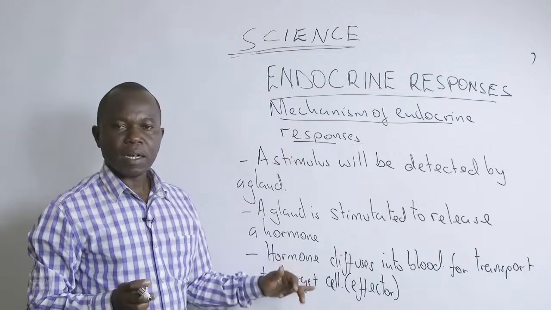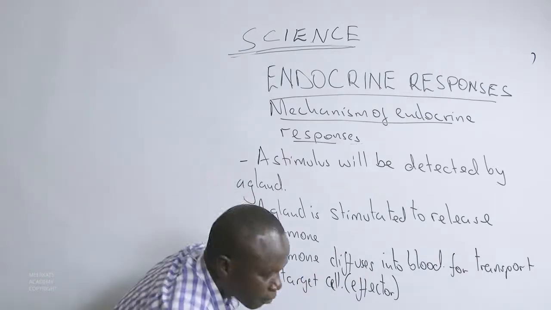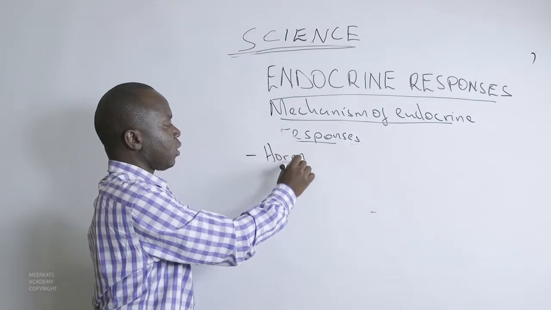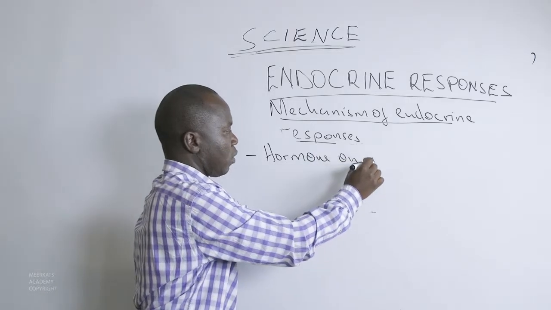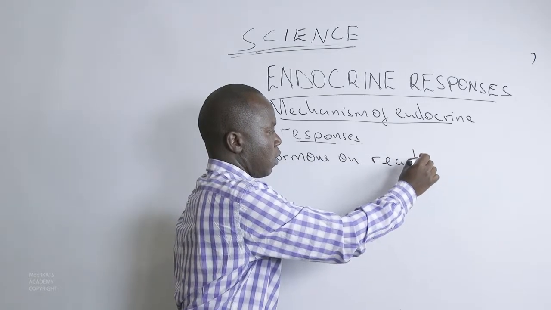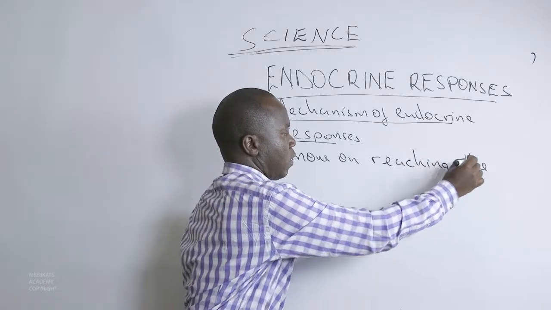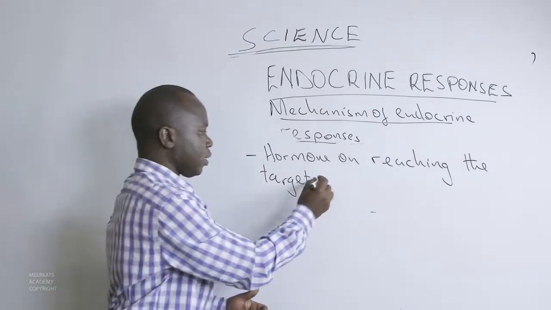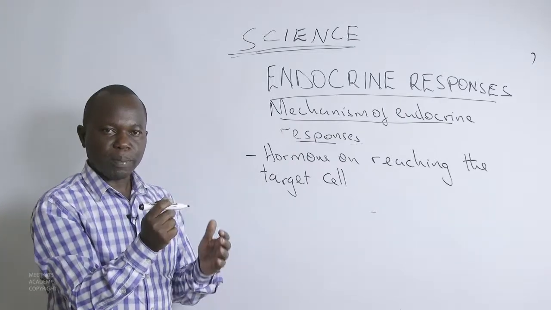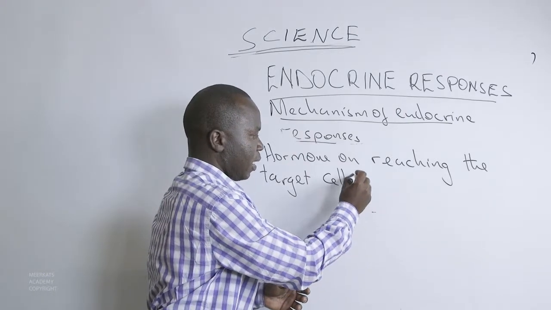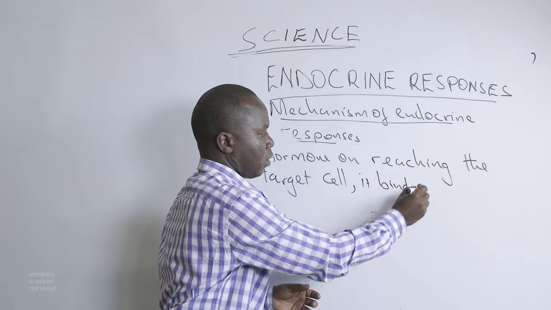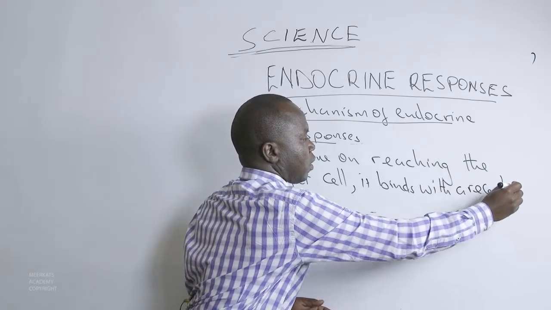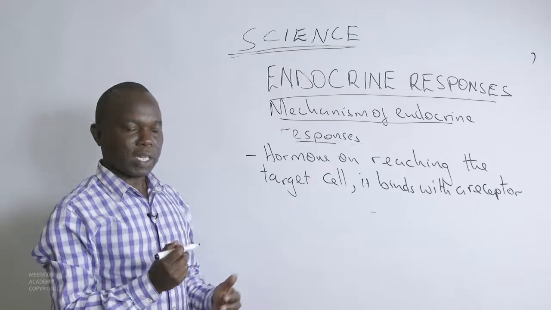After blood has transported the hormone to the target cell, the hormone binds. Hormone on reaching the target cell, which is in our case the effector, is going to bind with the receptor. It binds with the receptor on the target cell.